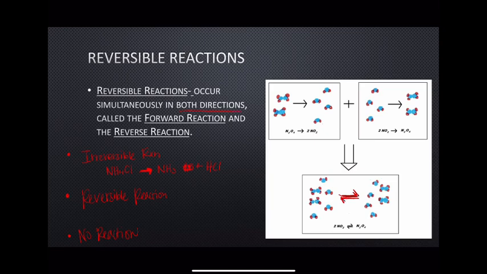So we say that it happens in the forward direction, but also in the reverse direction. The forward direction would be like in this reaction if we converted NH4Cl into ammonia and hydrochloric acid. The reverse reaction would be if we converted ammonia and hydrochloric acid into NH4Cl.